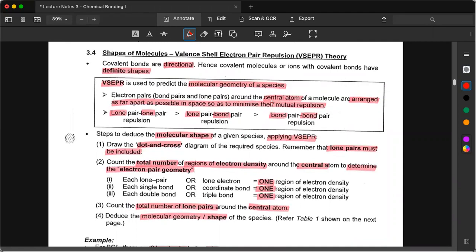Electron pairs around the central atom of a molecule are arranged as far apart as possible in space to minimize their mutual repulsion. Lone pair-lone pair repulsion and lone pair-bond pair repulsion are greater than bond pair repulsion. So this is the theory that we use to predict the molecular geometry.